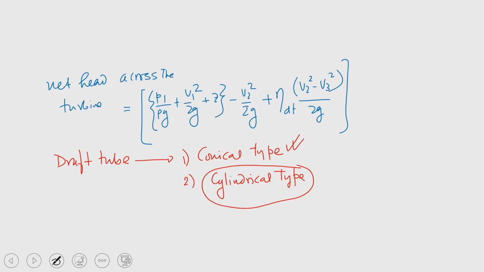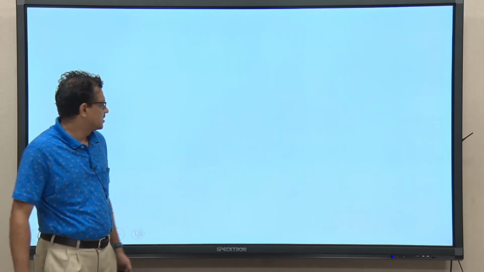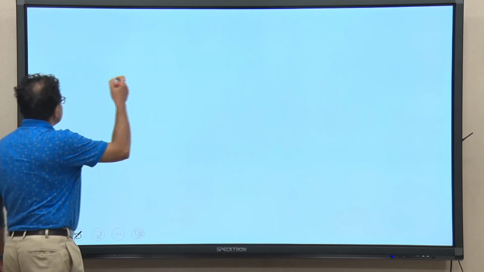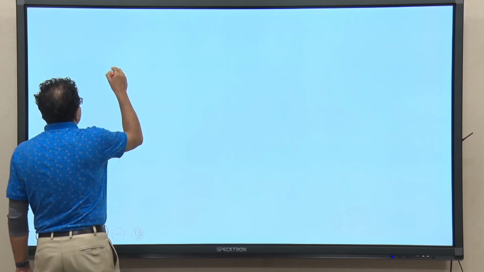If I go to the next slide, the cylindrical type is not of use because it will not facilitate recovery of the kinetic energy. Considering that, most of the draft tubes are of conical type, and from the geometry itself we have seen that the draft tube is of this particular shape.